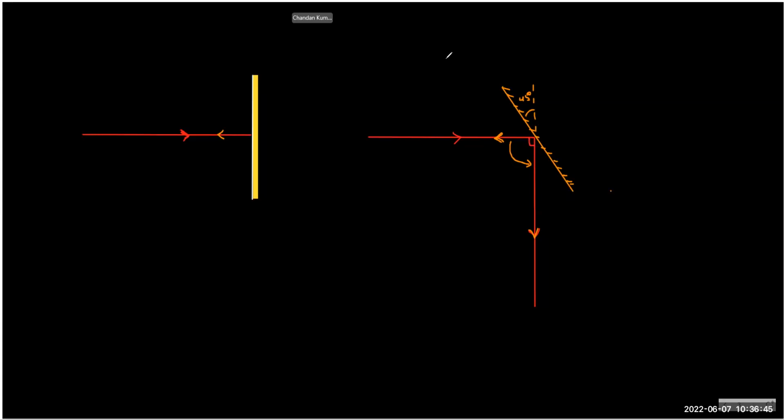So whenever you want to turn the light ray by any angle, this is how we design the periscope. Have you seen a periscope? Yes, sir. There are two ways in which the periscope is designed. One is using the prism, which uses TIR. Another is using reflecting mirrors.